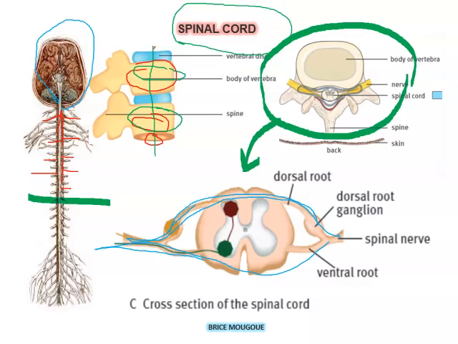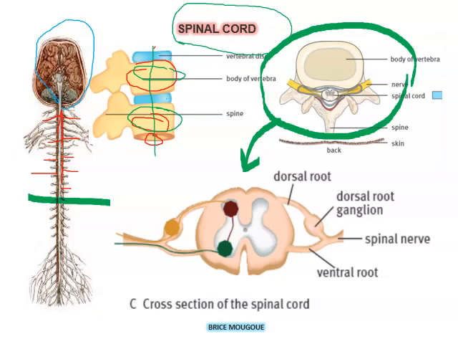These are 2 roads, such that each time these nerves exit the spinal cord, they exit in the space in between the vertebrae.